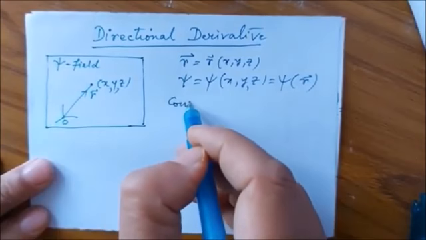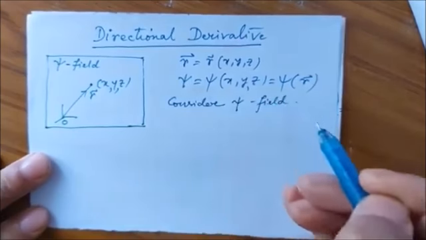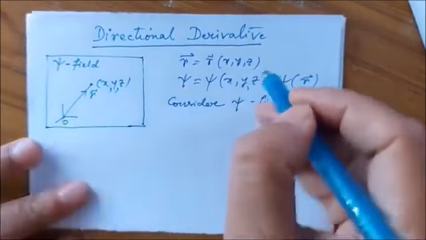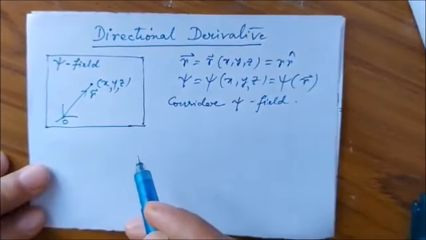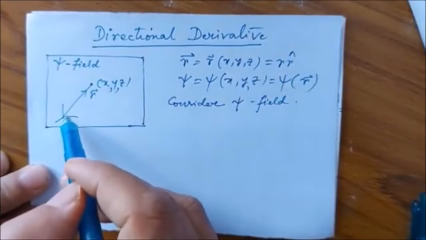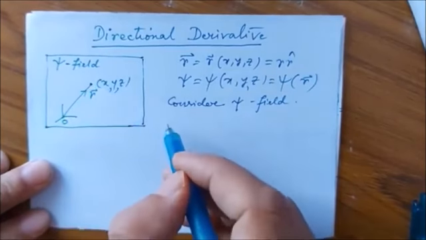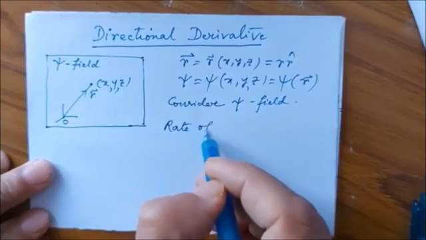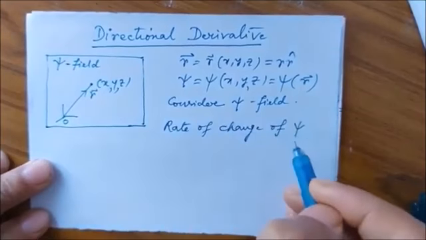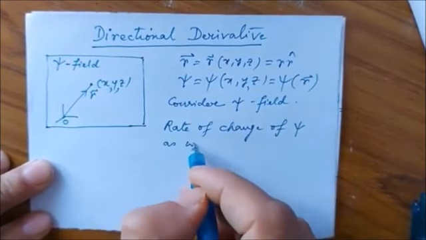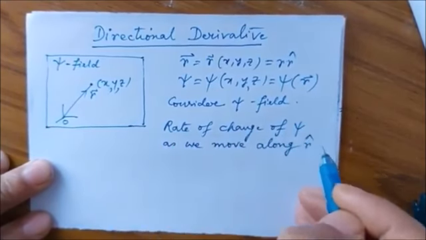So consider this psi field. Now this direction is r cap. Now let us ask this question, how does psi vary as we move along this direction? In other words, we wish to find the rate of change or variation of psi as we move along r hat.